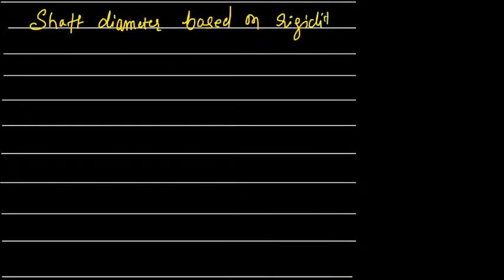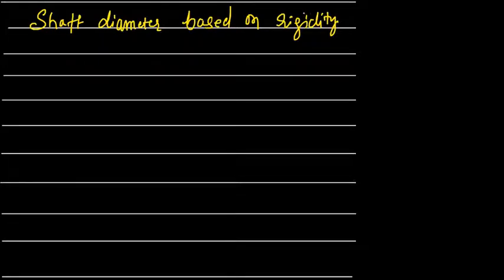Next, find out the shaft diameter based on rigidity. When rigidity comes into the picture, the effect of the bending moment has to be neglected.